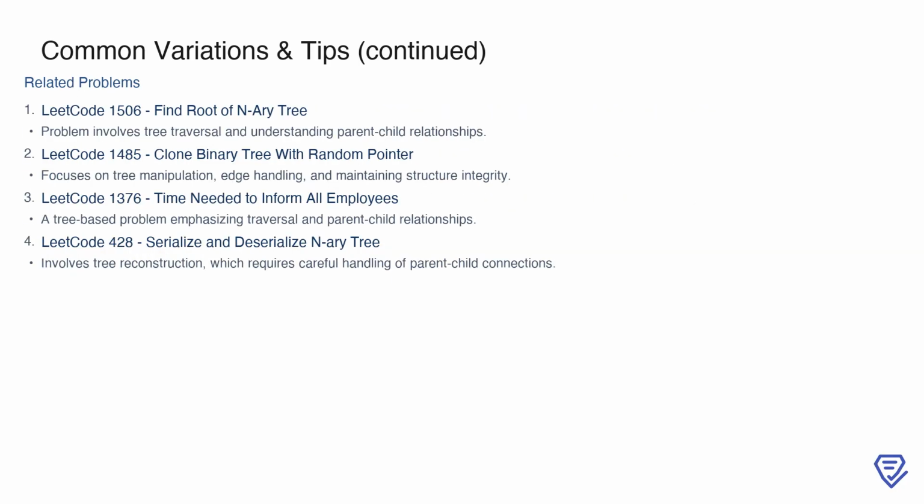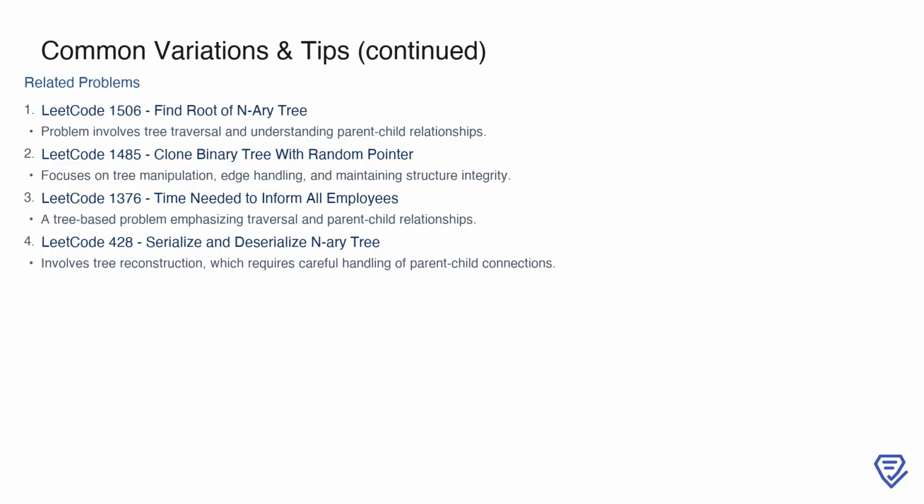This problem shares similarities with several related LeetCode problems, which can help you deepen your understanding of tree manipulation. For example, LeetCode 1506, which involves finding the root of an N-Ary tree, focuses on tree traversal and understanding parent-child relationships. LeetCode 1485, which deals with cloning a binary tree with random pointers, emphasizes maintaining structural integrity while handling edges.